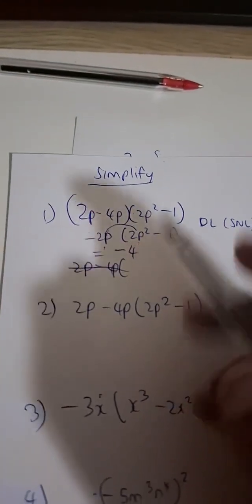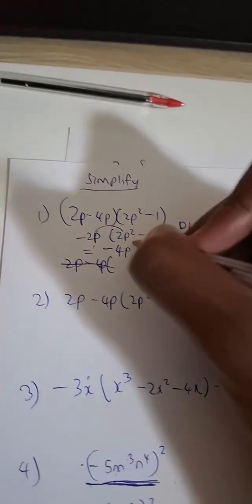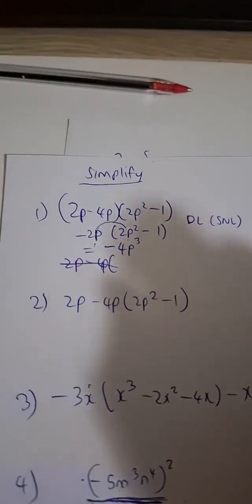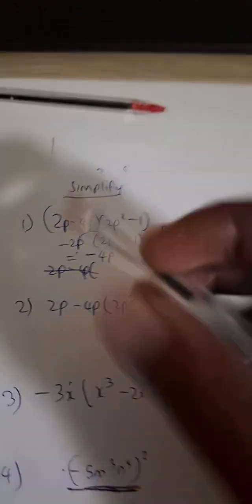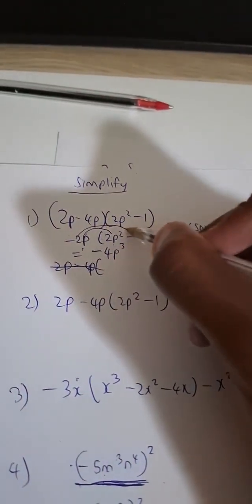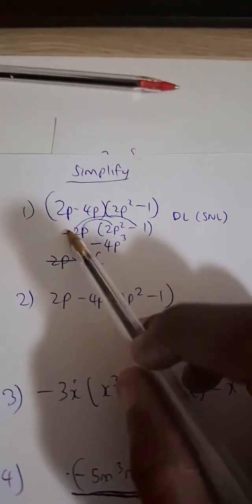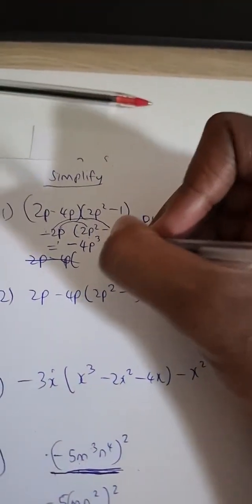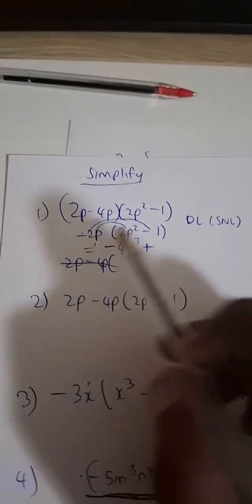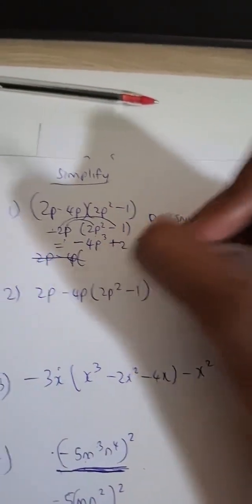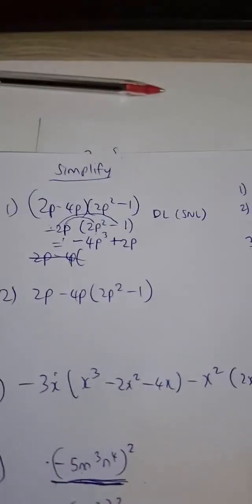P times p squared, we keep the base, we add the exponent, that's 3. Term number 1 done. We distribute negative 2p with negative 1. Very important. Negative times a negative is positive. 2 times 1 is 2, and then the p next door.